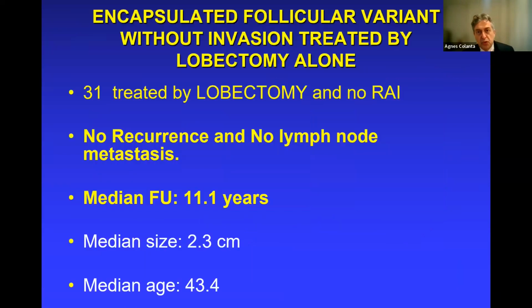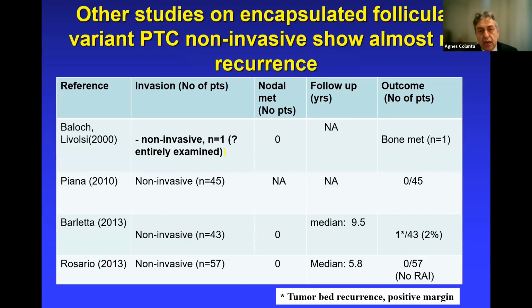But perhaps the most important finding from this study is that there were encapsulated follicular variants without invasion treated by lobectomy alone. There were 31 cases, and there was no recurrence and no lymph node metastasis, despite a median follow-up of 11 years and a median size of 2.3 centimeters.